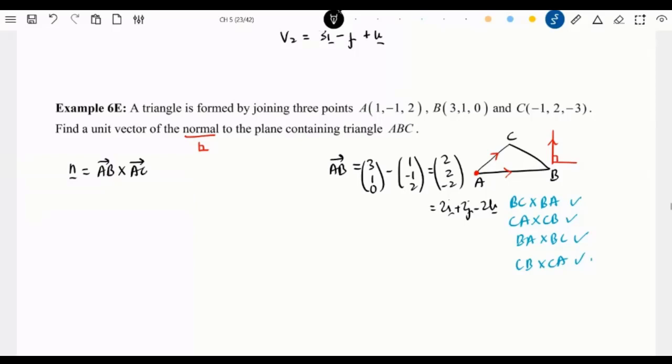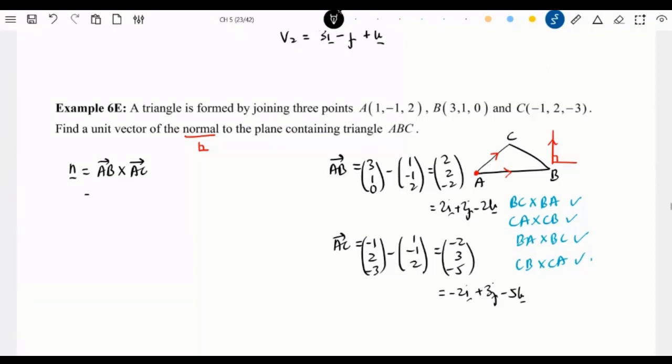Okay, for AC, what minus what? C minus A. So we have negative 1, 2, negative 3 minus 1, negative 1, 2. So it will be negative 2, 3, negative 5. So as a position vector it is negative 2i plus 3j minus 5k.